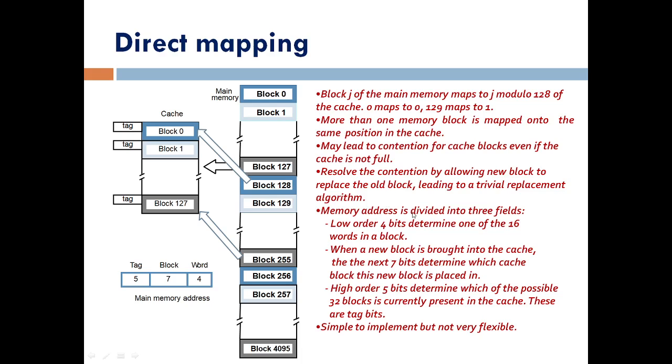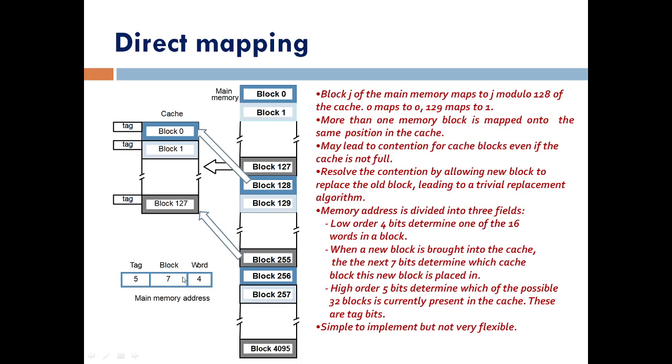Here the memory address is divided into 3 fields. The low order 4 bits determine one of the 16 words in a block. So these 4 bits represent the words in the particular block. When a new block is brought into the cache, the next 7 bits determine which cache block this new block is placed in.